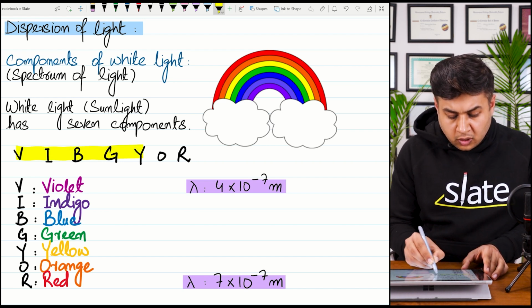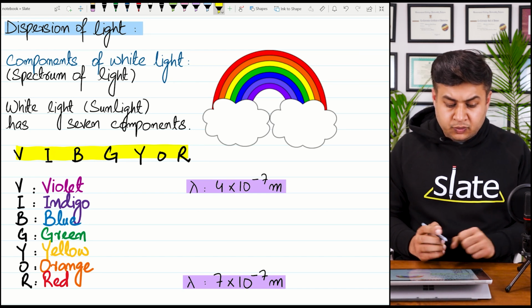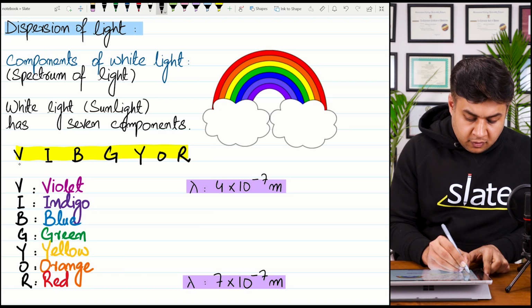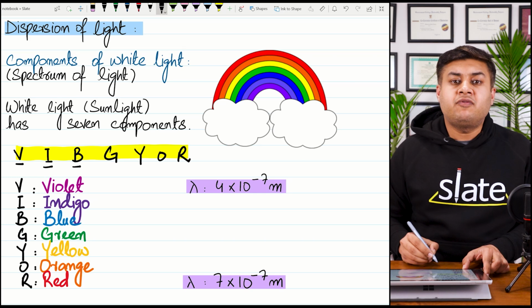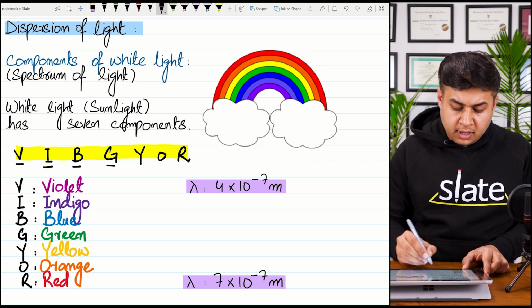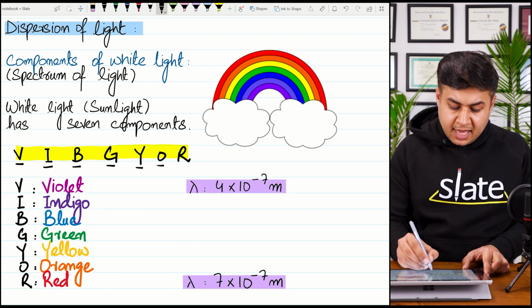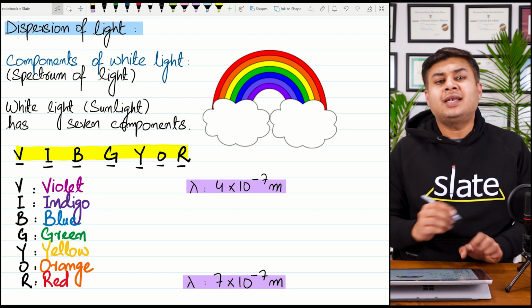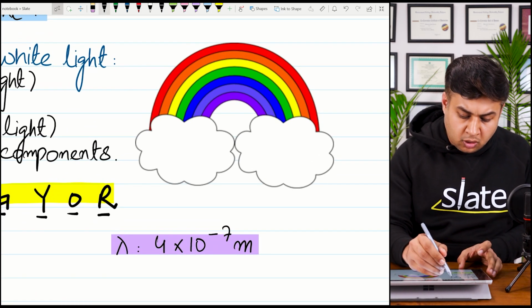Now, what is VIBGYOR? VIBGYOR is an initial for all the colors. V for violet, I for indigo, B for blue, G for green, Y for yellow, O for orange, and R for red. If you see a rainbow, you can see all these colors.